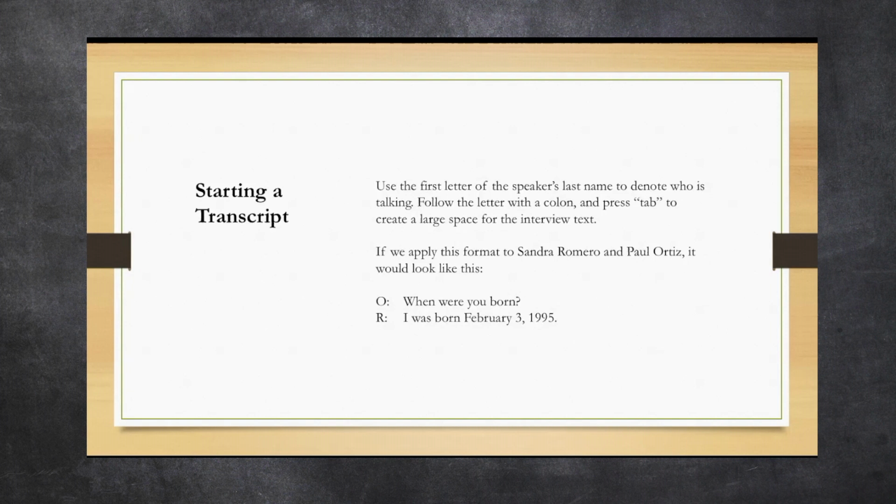Then you follow it with a colon and click tab so that it creates this space to show the text. This is how it'll look with Sandra Romero and Paul Ortiz: O for Ortiz when he speaks, and R for when I speak.